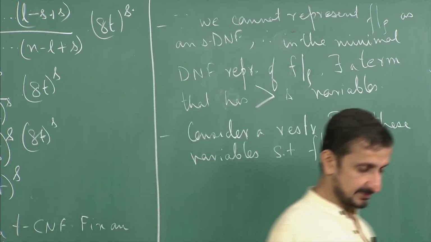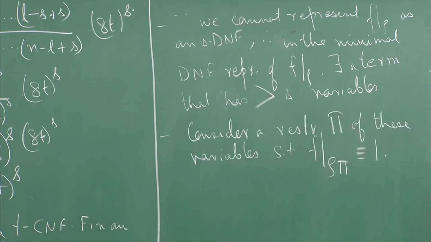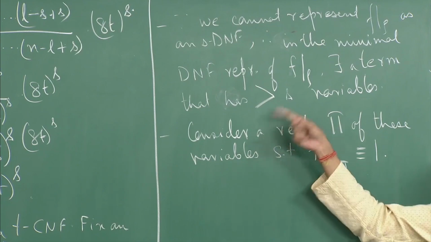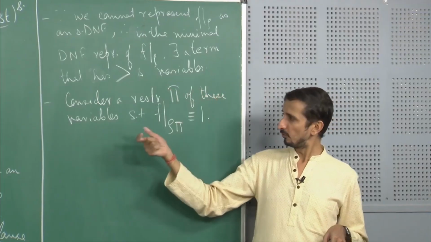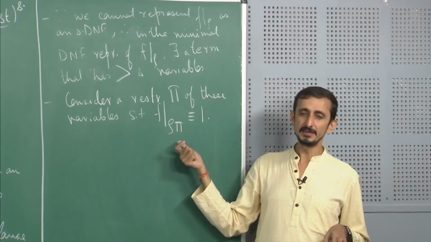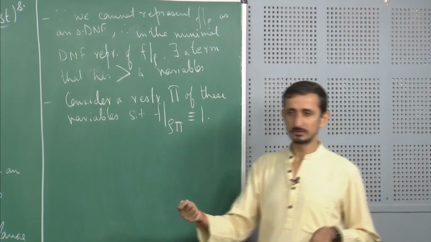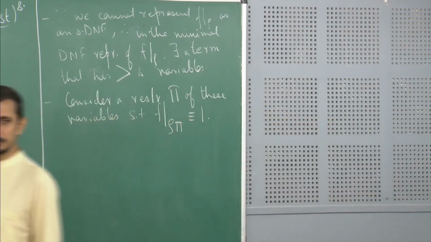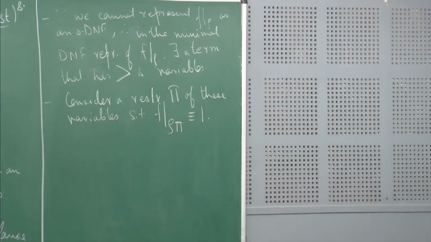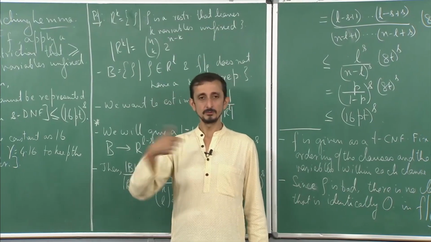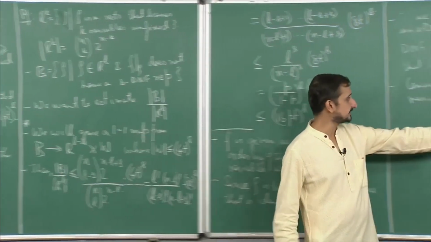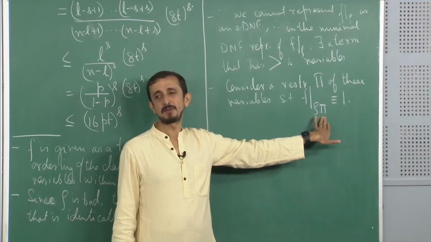Basically, look at that term, which has greater than s many variables. Now, look at a fixing of those variables to some values. If it is a literal in the positive form, then you set it to 1. If it is a literal in the negated form, you set it to 0. That is essentially the restriction pi.